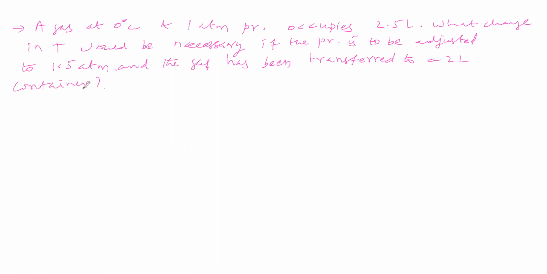Okay, so first we will see. What is given is a gas at 0 degrees Celsius and 1 atmospheric pressure occupies 2.5 liter. So it is a 2.5 liter vessel. Here gas is present at 1 atmosphere and 0 degrees Celsius.